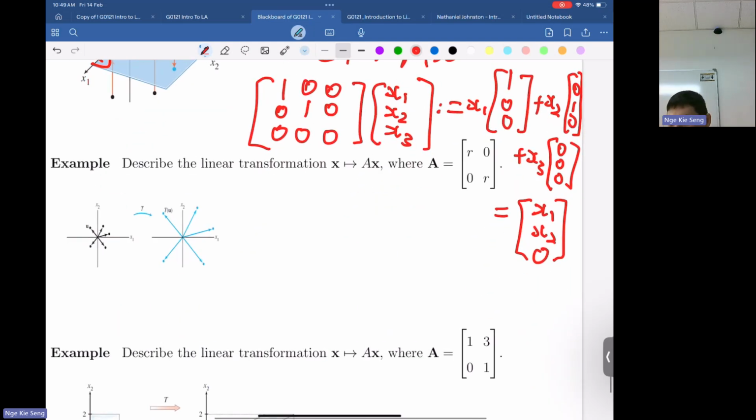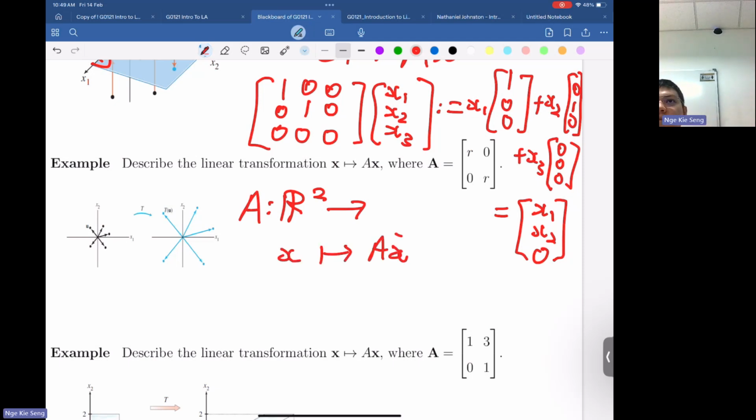Describe the linear transformation x to Ax where A is R 0, 0 R. So what do you think? What's the domain for this matrix? R2. If you compute this A on R2, what do you get? Still R2.